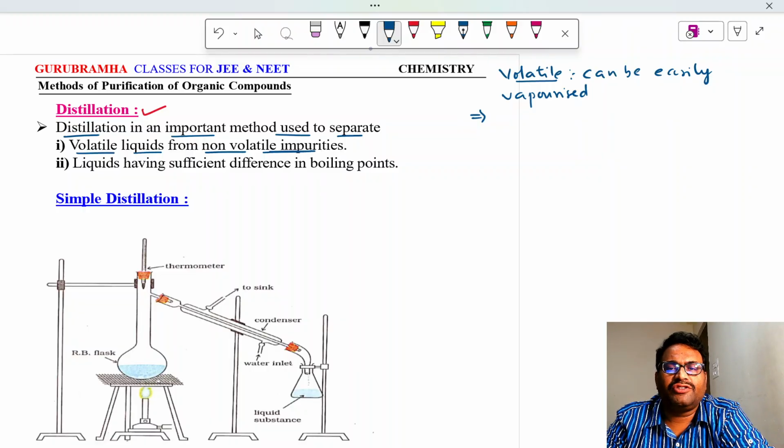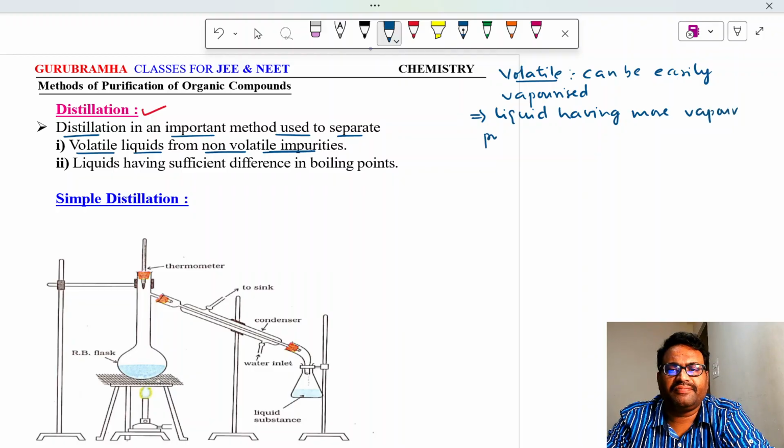So a volatile liquid, here liquid having more vapor pressure and less boiling point, is called a volatile liquid.